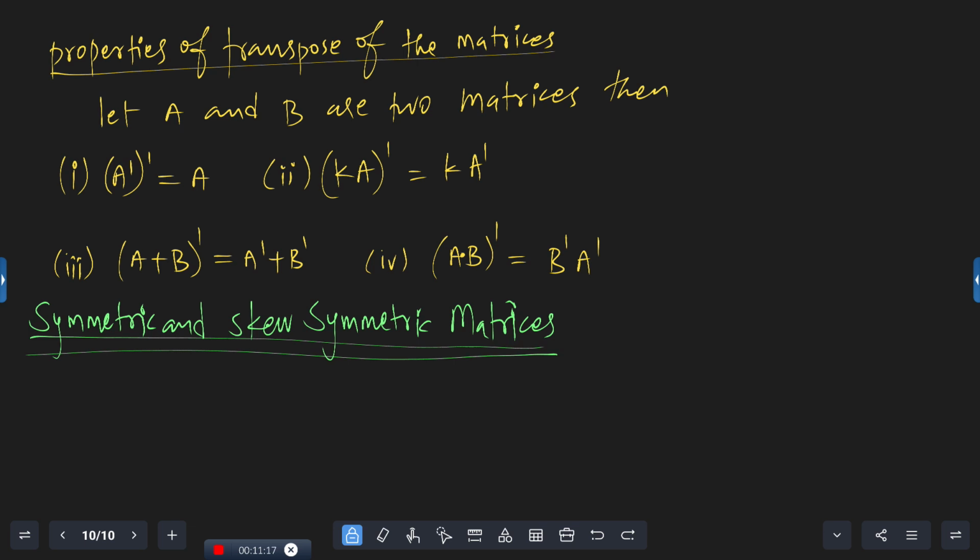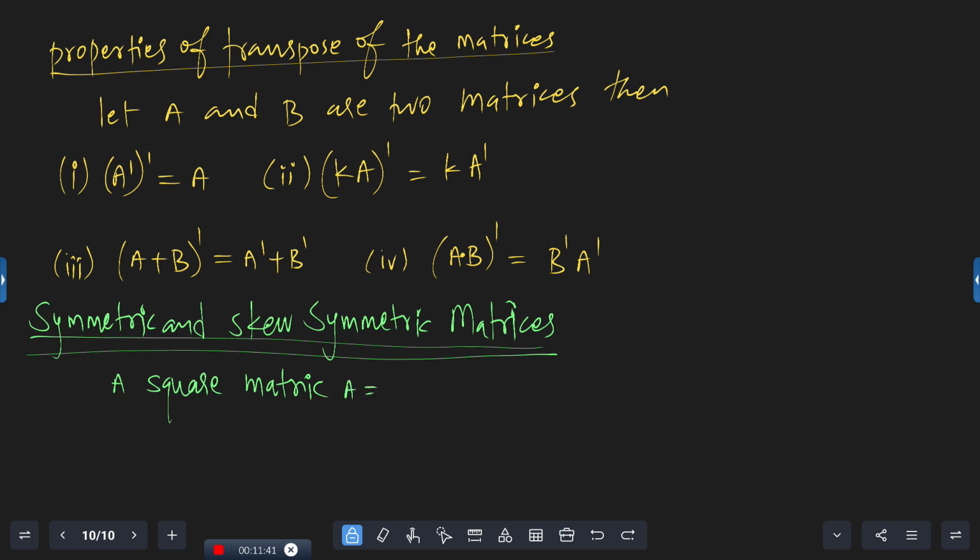First, we are taking a square matrix. Symmetric and skew symmetric must be square matrices; other matrices are not applicable, either 2 by 2 or 3 by 3. For us it is only up to 2 by 2 and 3 by 3, so don't worry.